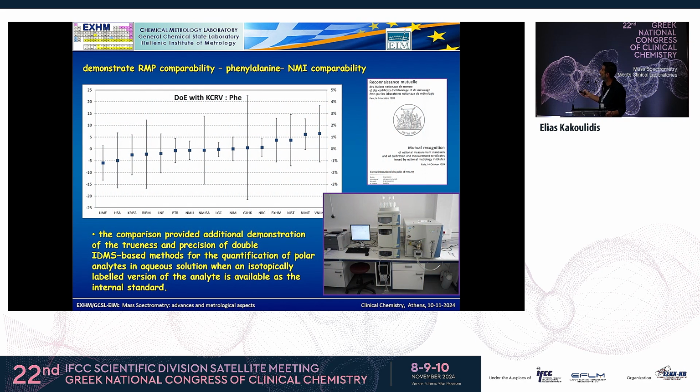This is phenylalanine, and you see here how everybody has measured the amino acid in a calibration solution, in an acidic aqueous solution, actually. All these measurements are being performed with IDMS with labeled phenylalanine.